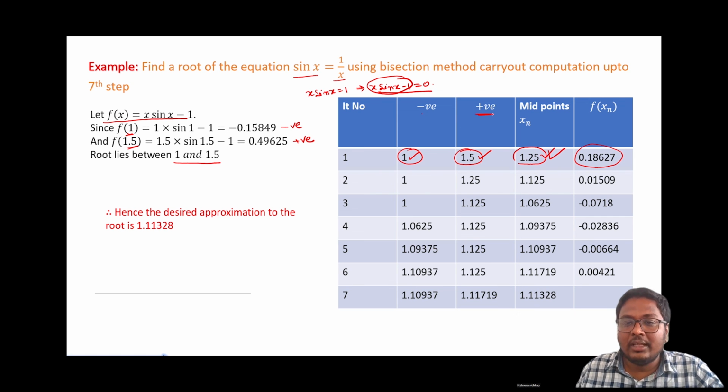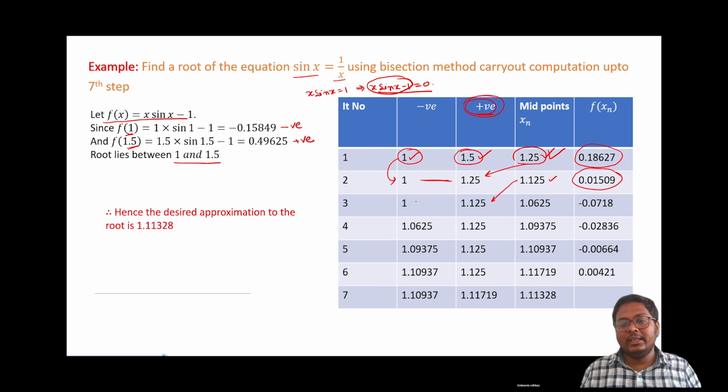So 1.25 goes here, and your 1 will remain the same. Again, you have to find the midpoint of these two, and the functional value is also positive. So this value will be updated in the positive column, and the other value will remain the same.